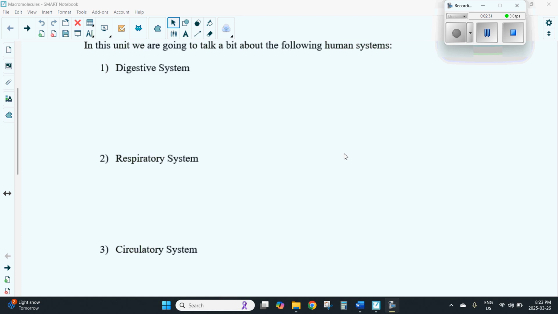So what this means is we need to be able to, by the end of the unit, connect all of our body systems together because they need to function together in order to have optimal functioning of our entire body. The digestive system is going to be linked to the respiratory system. The respiratory system is talking about our lungs and how we're taking in oxygen and getting rid of carbon dioxide.